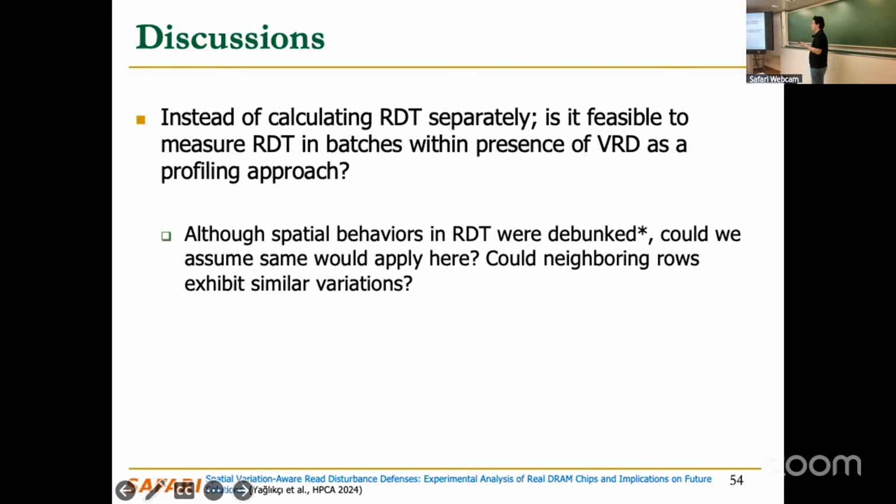If that's the case, could we maybe calculate these thresholds in batches, or take some assumptions about this, even in the presence of the randomness and the lack of correlations? So do you think we can calculate them in groups, or do we have to do single calculations for each threshold value? What would be the risk of assigning similar characteristics without actually profiling them, without seeing the characteristics of some rows in a batch?